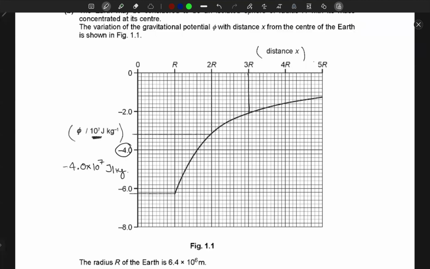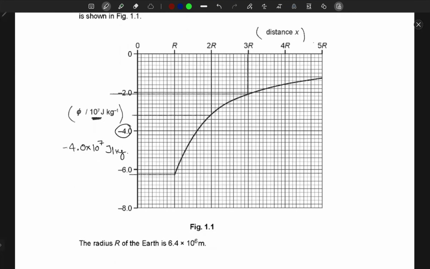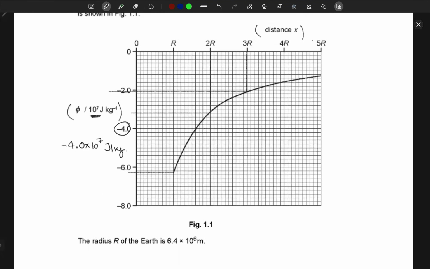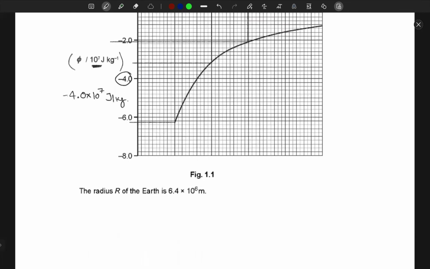So everyone agrees with that? The potential is increasing as we move away from the Earth. Yes. All right.